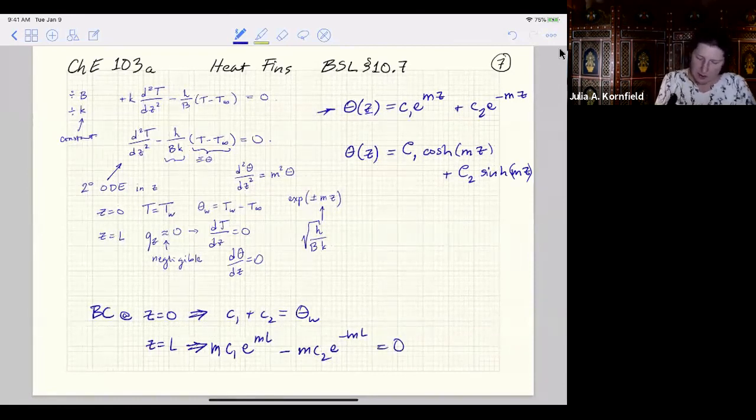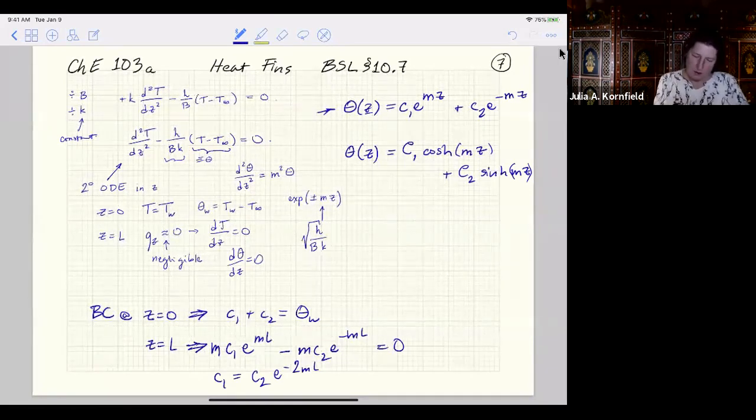So we can massage that around to get C1 equals C2 times e to the minus 2 ml. We can introduce that in up here.